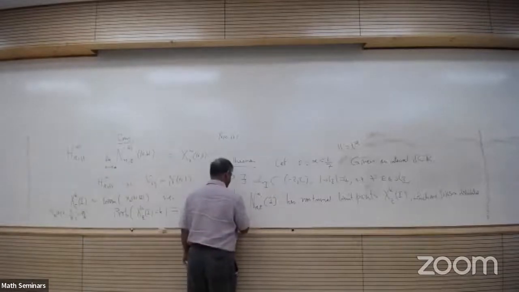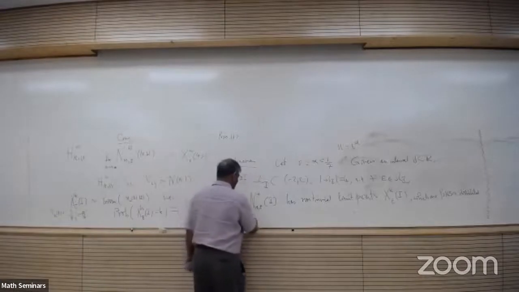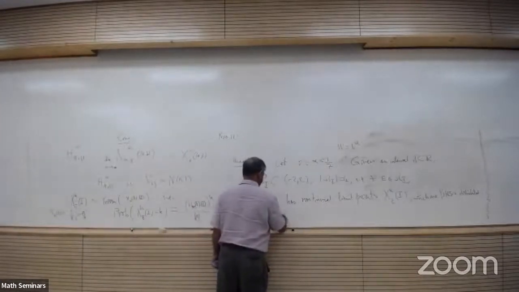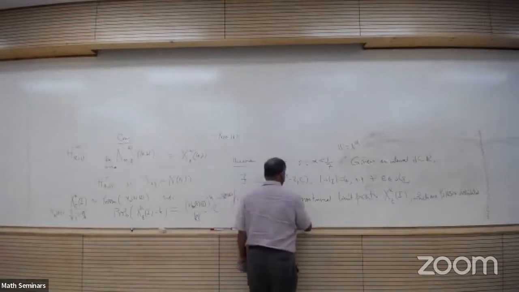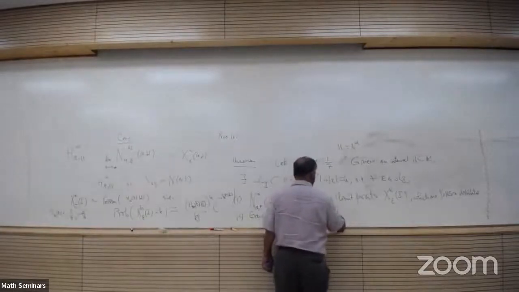Second statement, every limit point of n sub n e omega of I is possible.